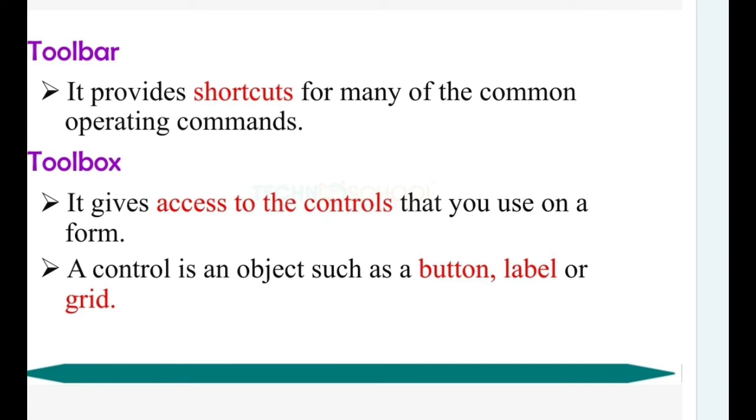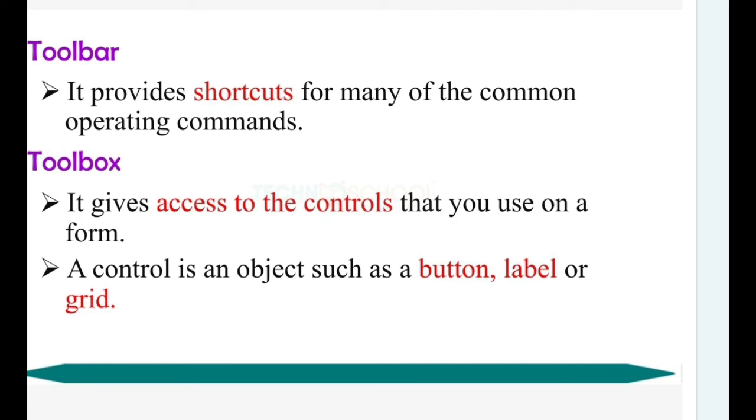A control is an object such as a button, label, or grid. The controls are available, and when you create some tools, you can set them as a group using controls. So this is the definition for toolbar and toolbox. Understand what a toolbar is: it provides shortcuts for many of the common operating commands.